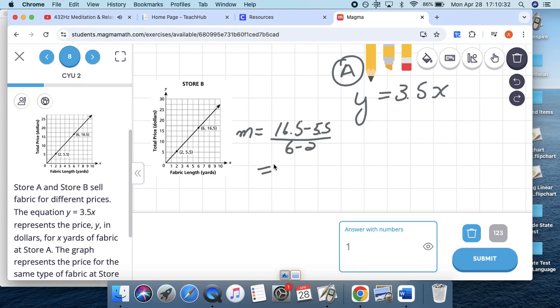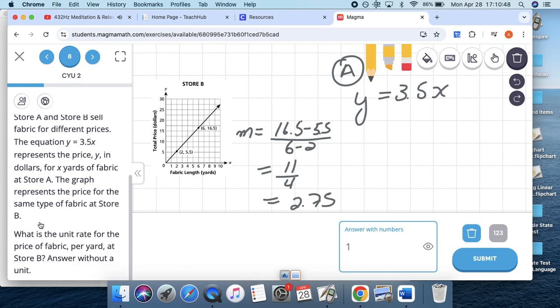So the second store, 16.5 minus 5.5 is 11 over 4, and that's going to give us $2.75 per yard. So what is the unit rate for the price per yard at store B? Every yard in the second store is $2.75.